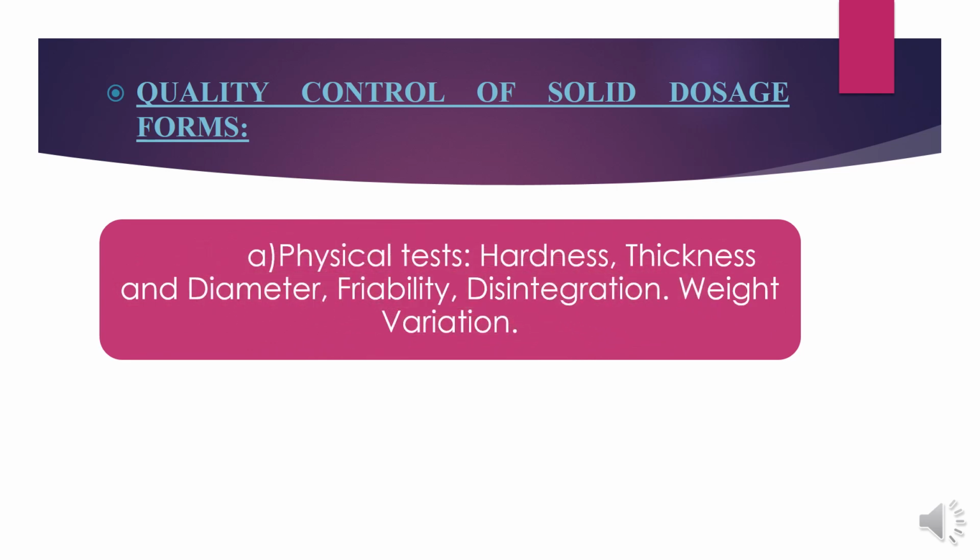So these quality control tests that are applied for the solid dosage forms, and especially the compressed tablets, are divided into two types. One is the physical tests, that is hardness, thickness, diameter, friability, disintegration, and weight variation tests.